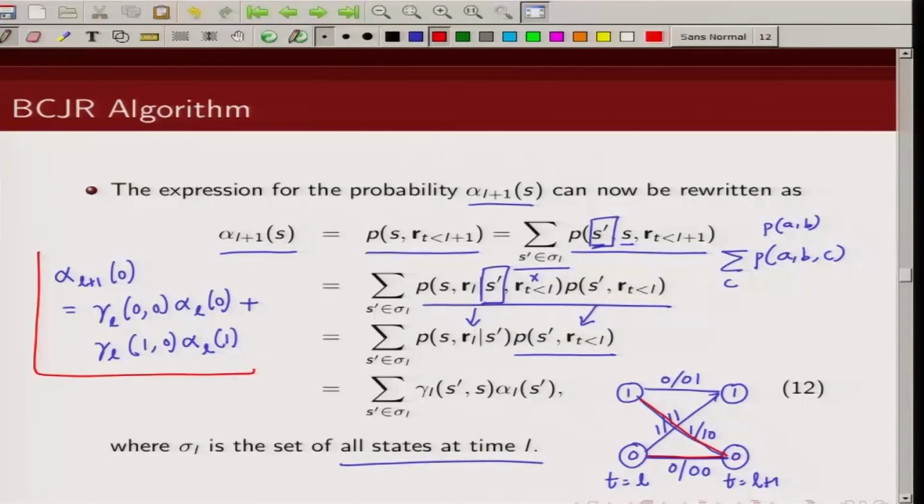Similarly, we can also compute the value of alpha L plus 1 at 1. We repeat the same procedure.